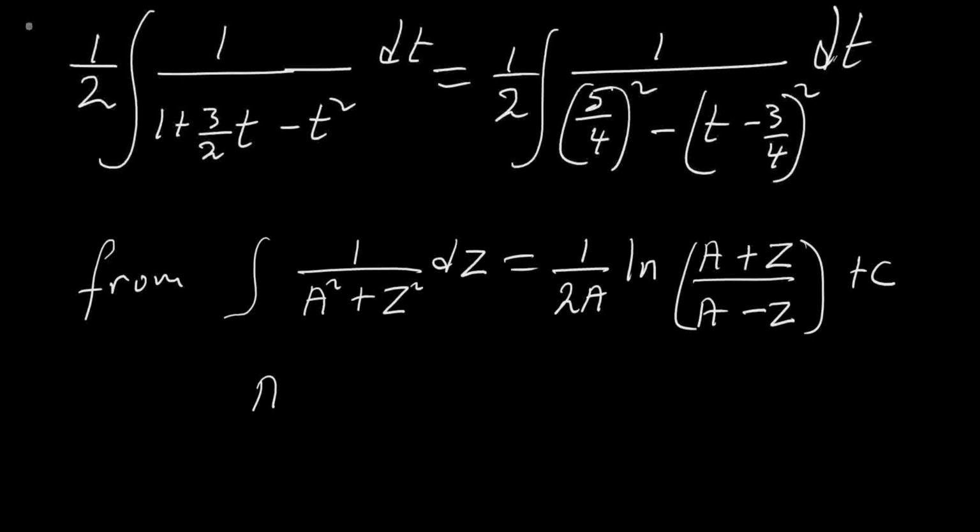Here, a is equal to 5 over 4 and z is equal to t minus 3 over 4.